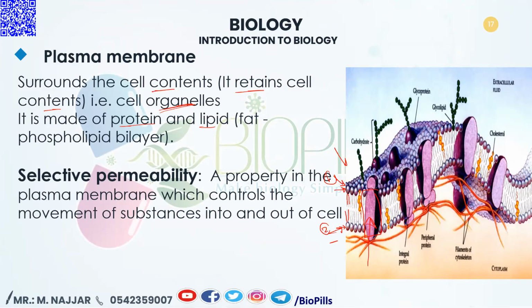Integral means it is integrated, spanning, embedded fully, across the two layers, the outer and inner. Or it may be only inside or only outside, and in this case it is known as peripheral. Peripheral means it is only found on one side of the plasma membrane, either internally or externally.